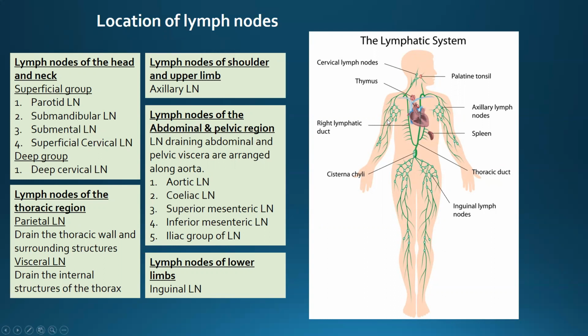The lymph nodes of the abdomen and pelvic region can be divided into aortic lymph nodes, celiac lymph nodes, superficial mesenteric lymph nodes, inferior mesenteric lymph nodes, and the iliac group of lymph nodes. The lymph nodes of the lower limb drain into the inguinal lymph nodes.